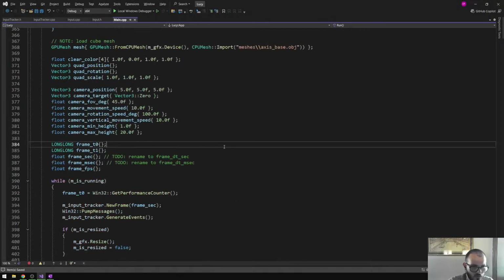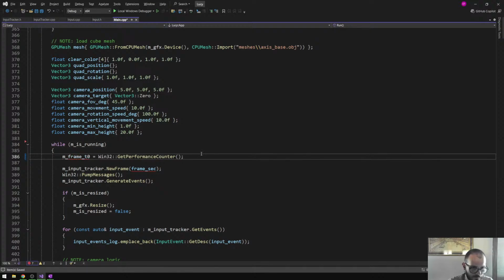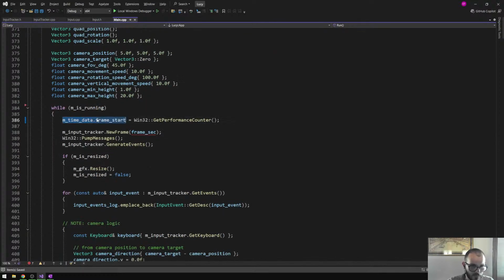Okay, so m time data dot frame start is this. Delta time in seconds.